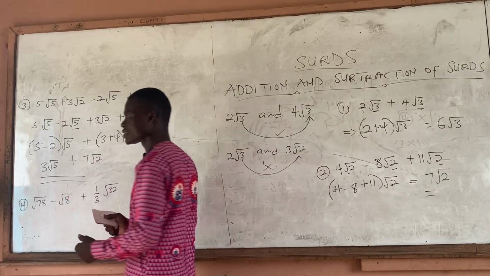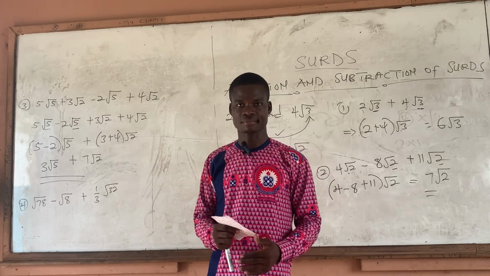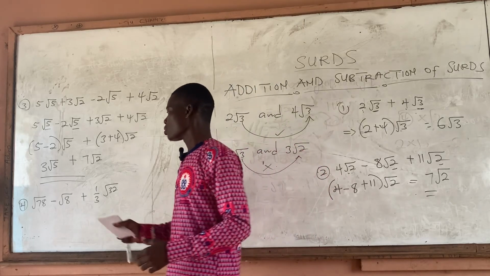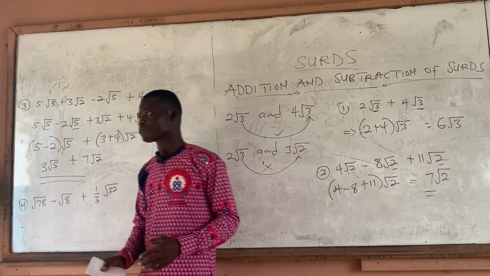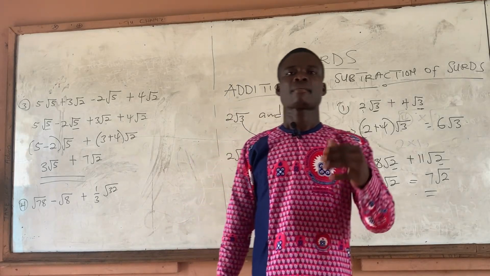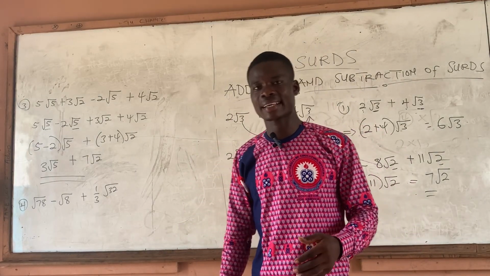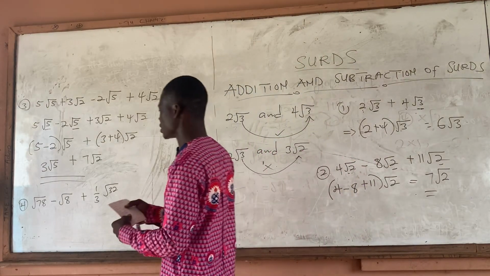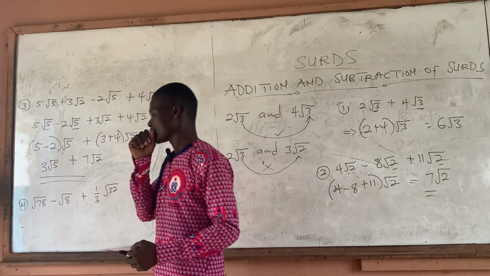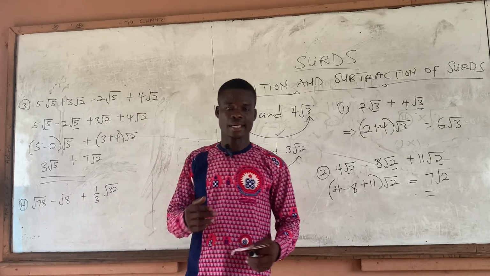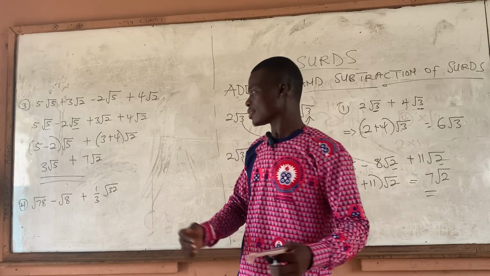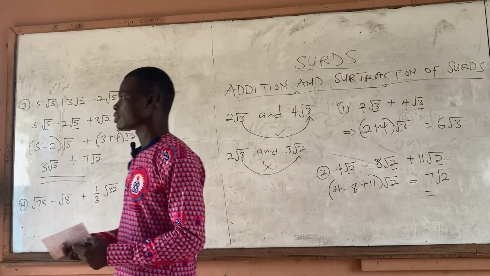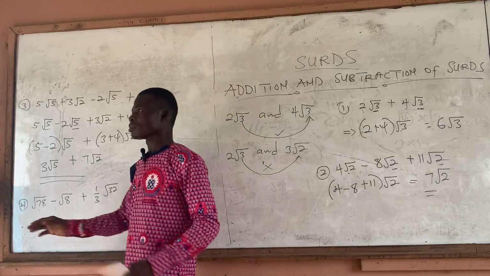Root of 72, you have to check the factors of 72. Among the factors of 72, which one is perfect?